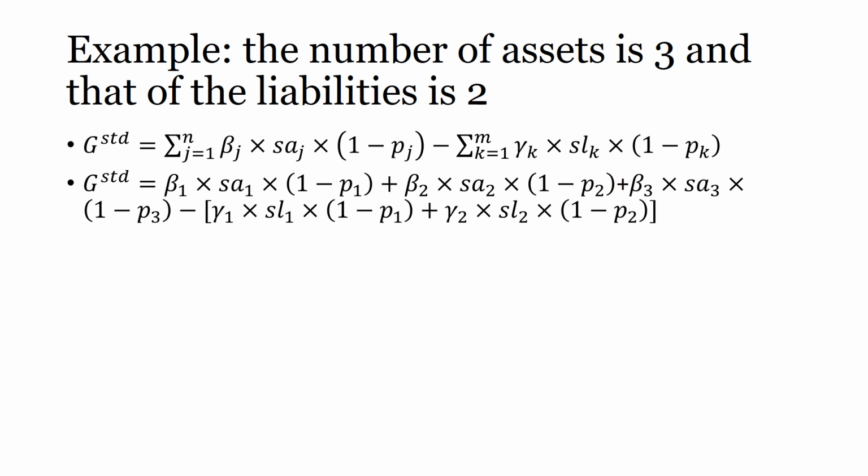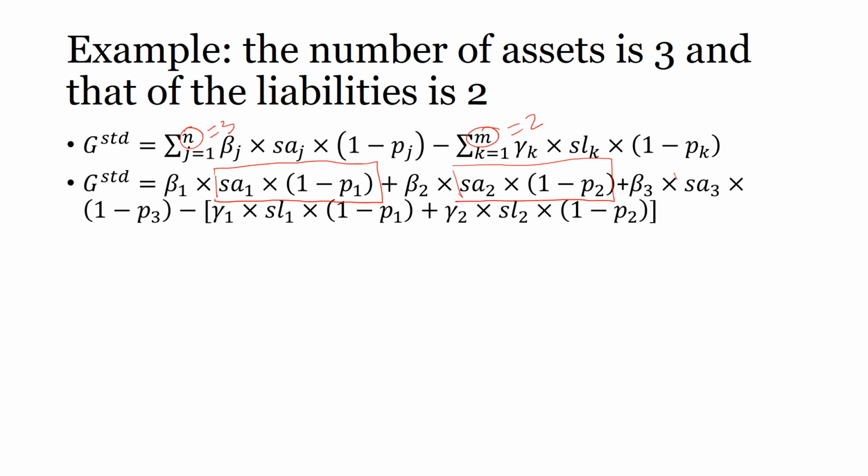Moving on to the standardized 1-year gap, which is something you need for the third question, and it's the one when you have to adjust the maturity adjusted gap by the sensitivity of the interest rate to a market interest rate, so the beta and the gamma. Again, here we have n equals 3, m equals 2. So this part here is the same as we've seen in the previous slide.